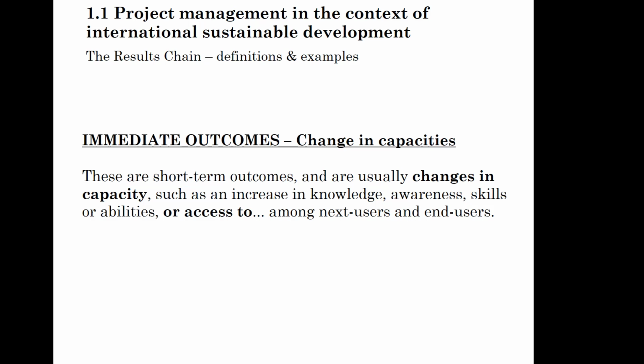An intermediate outcome of this would be that the farmers are now better trained in some methods of soil and water conservation, for example, because the immediate outcome of the project was to facilitate the access of these extension officers, the next users, who in turn were then in the position of training the farmers in a much more appropriate way.